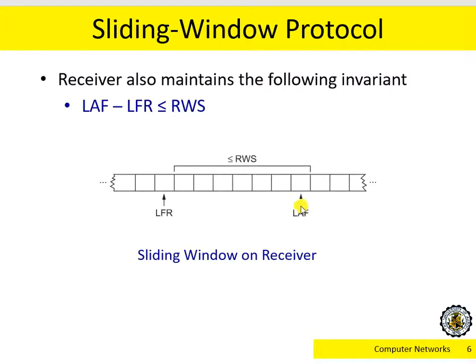This part has no acknowledgement sent out yet. The difference between these two is the buffer, how much you can buffer in your receiver. Basically, you accept that package without sending out the acknowledgement. Again, LAF minus LFR will be less than or equal to the receiver window size, which is the upper bound of the capacity of the buffer.